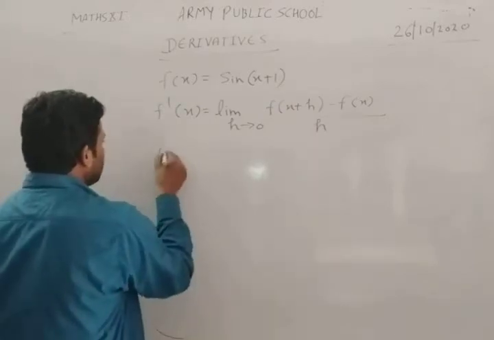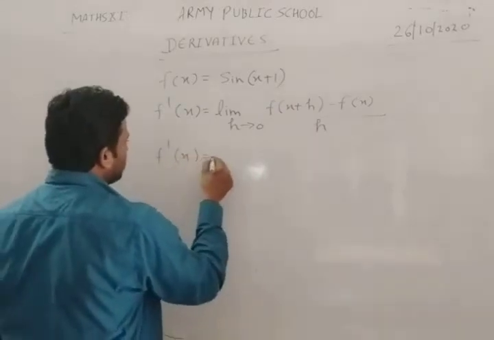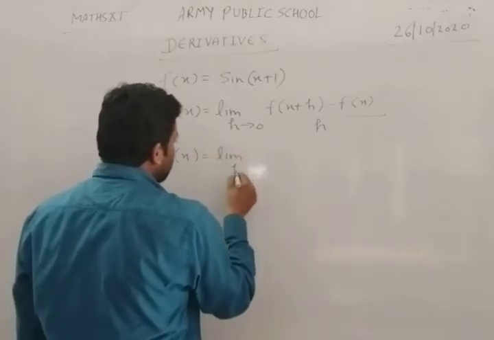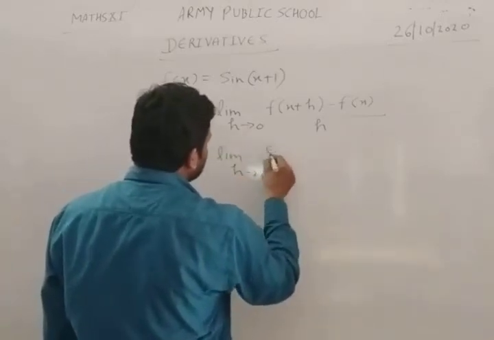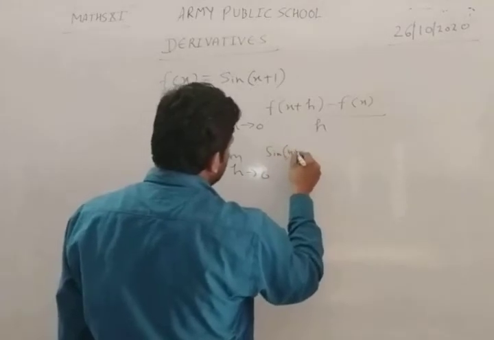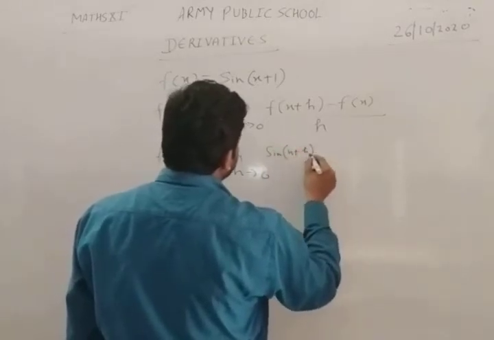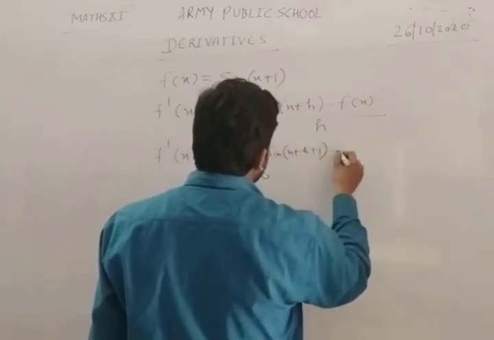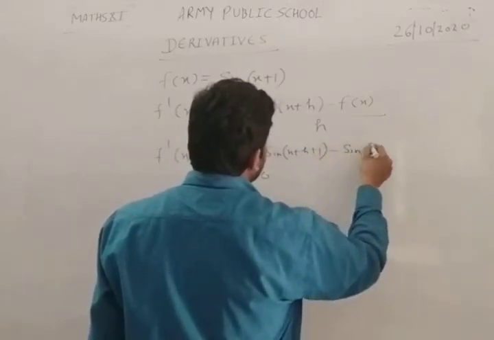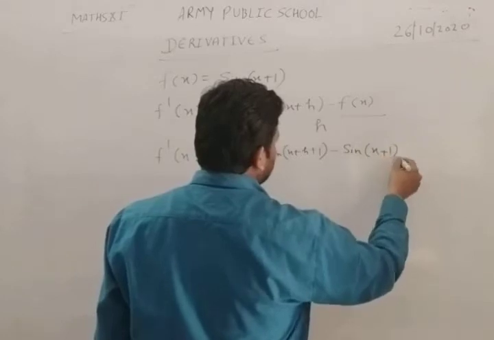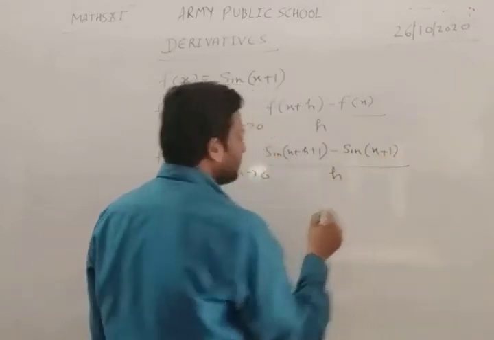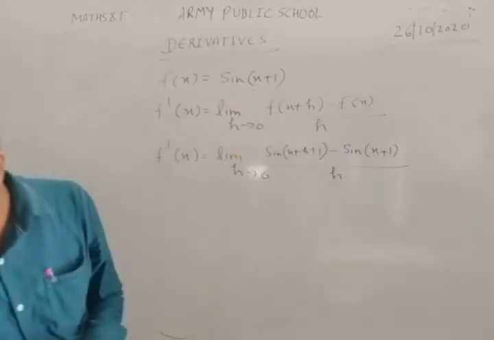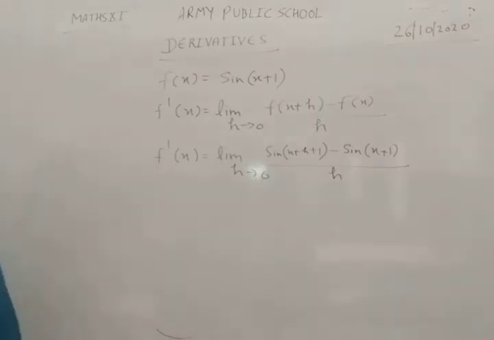So f'(x) is limit h tends to 0 [sin(x + h + 1) - sin(x + 1)] divided by h. We write this.